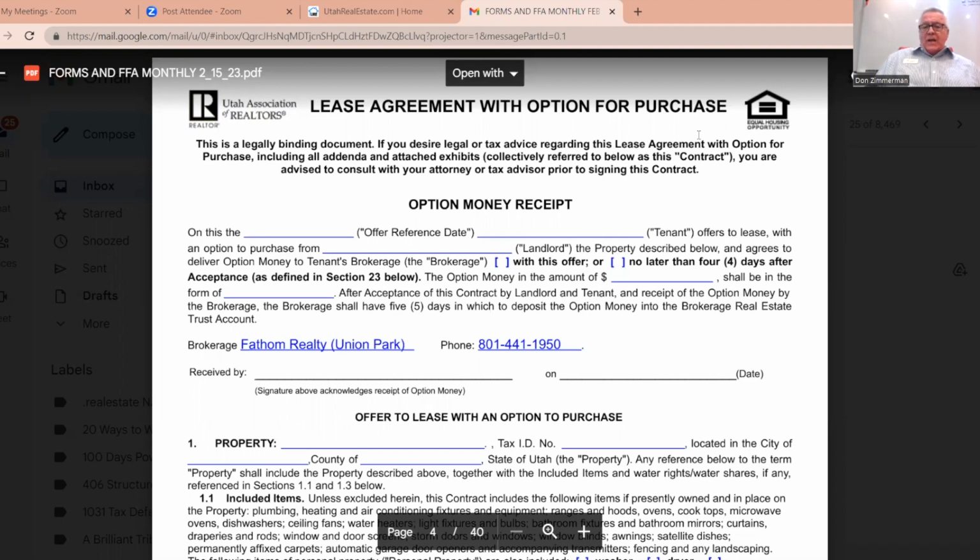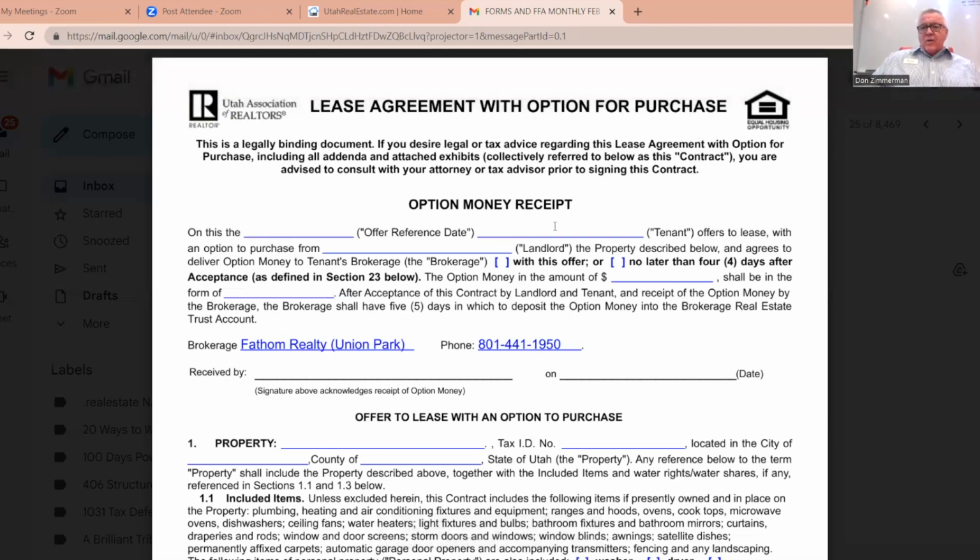If your seller would consider a lease agreement with an option to purchase, the listing agent goes to the seller, and they say, yeah, we would do that if they will put that $40,000 down. Out of that $40,000, you get paid your commission. The rest of it goes to the seller. And so you have done your job as the buyer's agent by entering into this lease agreement with option to purchase. Does that answer your question?